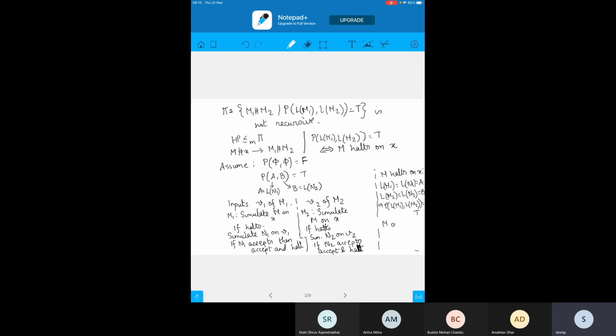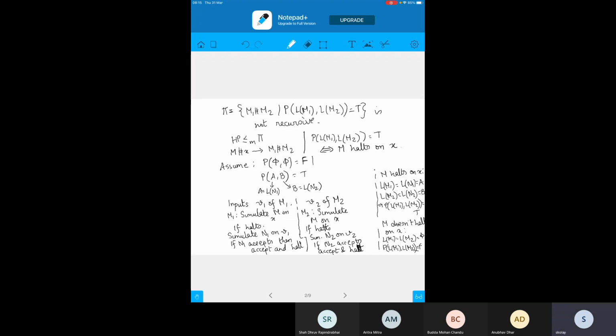And if M doesn't halt on X, then L of M1 equals L of M2 equals phi. So the property of L of M1, L of M2 is equal to false. And therefore we are done.